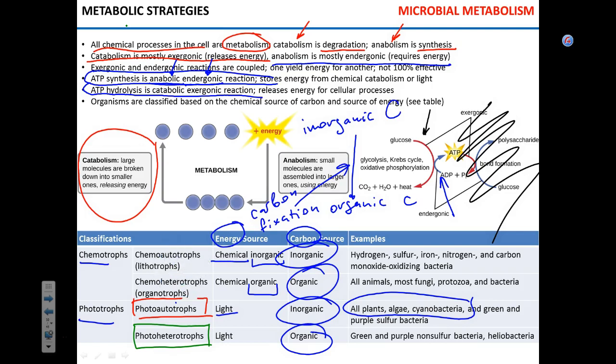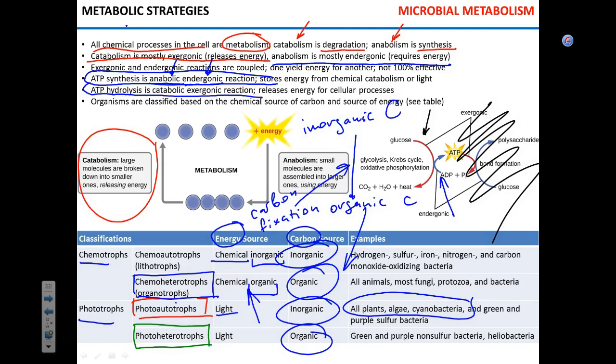Now, what about chemotrophs? In the case of chemotrophs, you can have chemoheterotrophs, sometimes referred to as organotrophs, meaning that they use an organic source of carbon and, honestly, most frequently an organic source of energy.